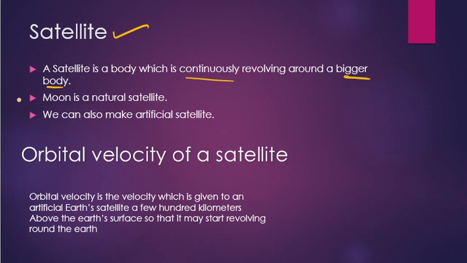We know really well that our moon is our natural satellite. We can also make artificial satellites and send them to space. The first Indian satellite was Aryabhatta, an artificial satellite we made in India.